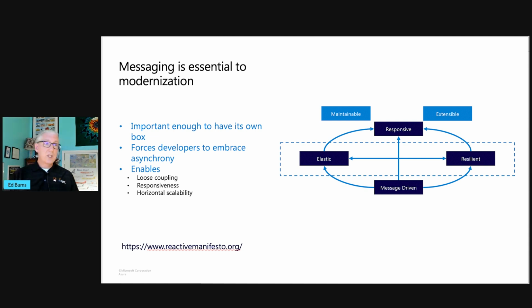Another thing that messaging enables is loose coupling of services. Even in a so-called monolithic application where you have a large body of code with potentially very deep call stacks, you do have some decoupling of monoliths that can call each other using a messaging service. The message-driven aspect of the Reactive Manifesto also enables responsiveness, as you can see on the diagram here, and horizontal scalability.